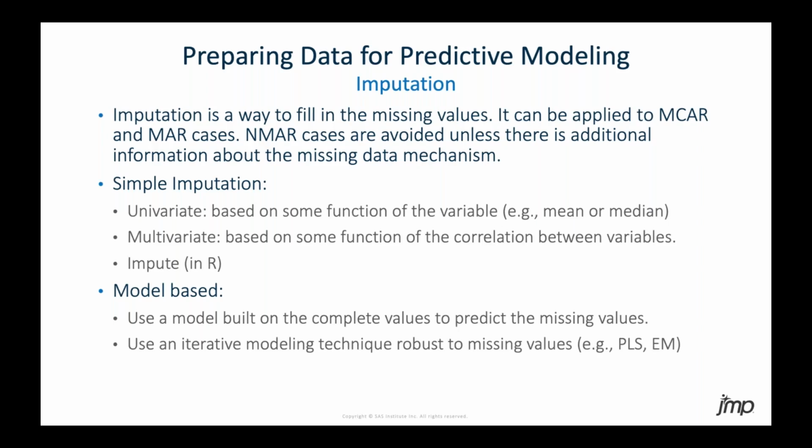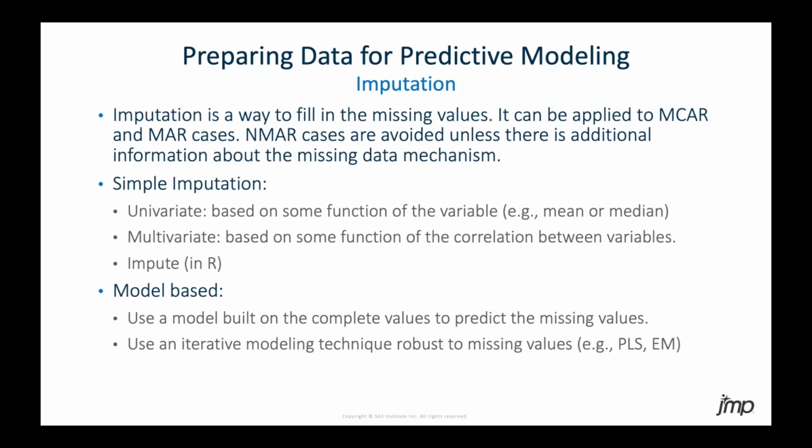A second approach is iterative modeling techniques that are robust to missing values. For example, there are ways to implement partial least squares. The EM algorithm is an approach for maximum likelihood estimation, where you don't necessarily need to have those missing values predicted.